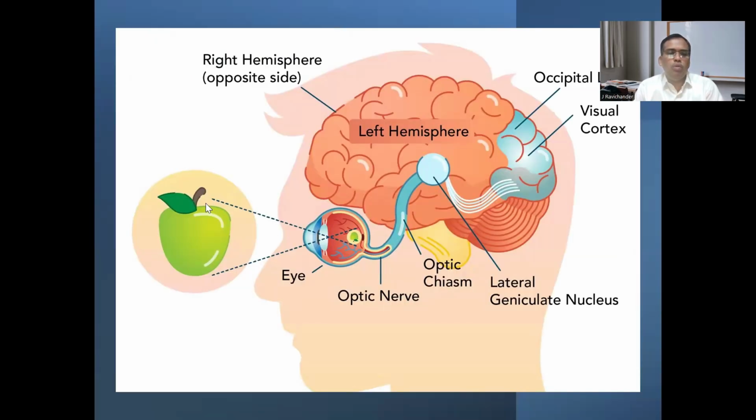So for example, we observe food. We see the food. Now here, we are seeing the apples. Then the optic nerve will take this information to the brain, that is the visual cortex, or the occipital region.